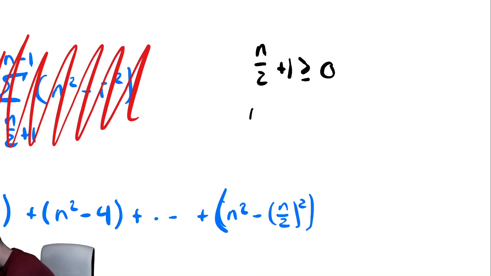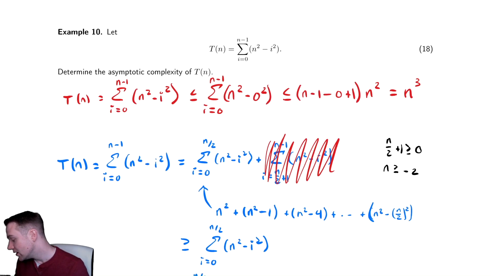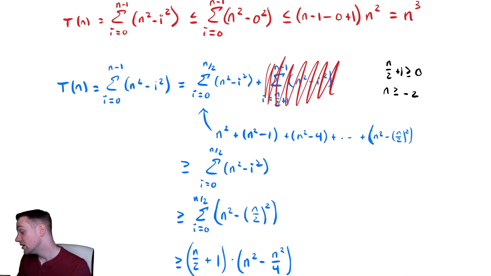That is n bigger than or equal to negative 2. Math seems to check out, so we should be okay. So, we have no major concerns about the size of n. We don't have any particular n naught to be concerned about for our definitions, so we don't need to specifically comment on it. Now, we have that this summation is in theta of n cubed.